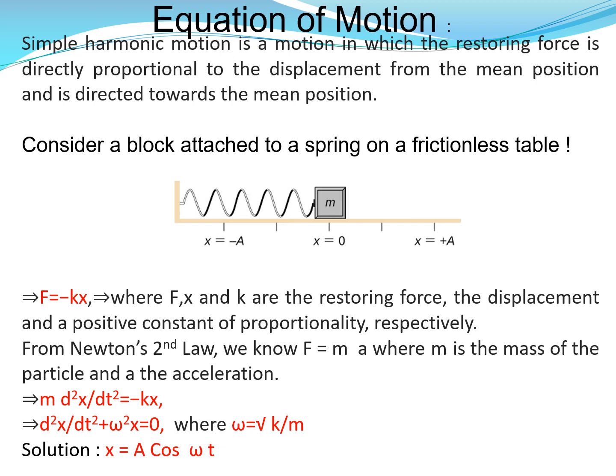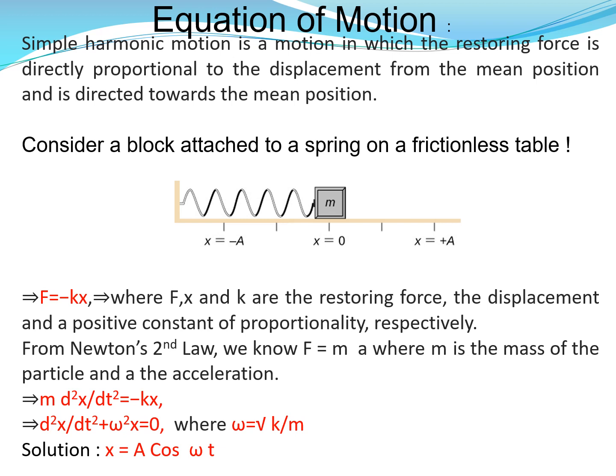So when we equate the two forces, F is equal to minus kx from the restoring force relation and F is equal to ma from Newton's law, I end up with the equation m into d square x by dt square is equal to minus kx.